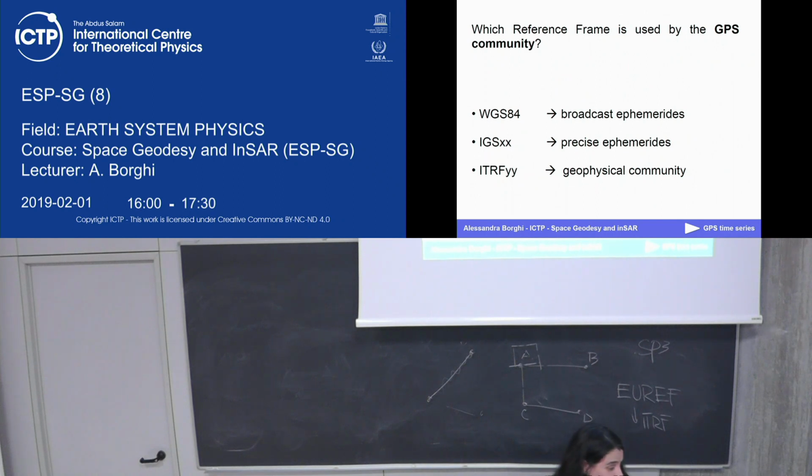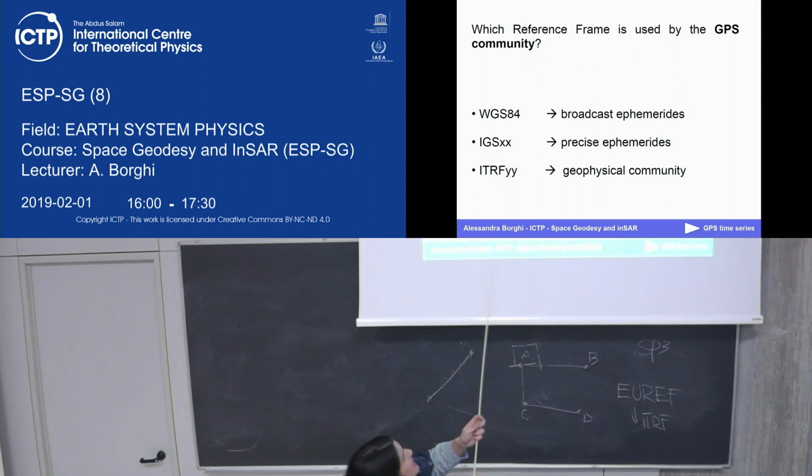So, which reference frame is used by the GPS community? We have seen that we have different reference frames. We have the WGS 84 system, that is the system of the broadcast ephemeris, and this is a system provided by the control segment of the GPS. We have the IGS reference frame or the ITRF reference frame.